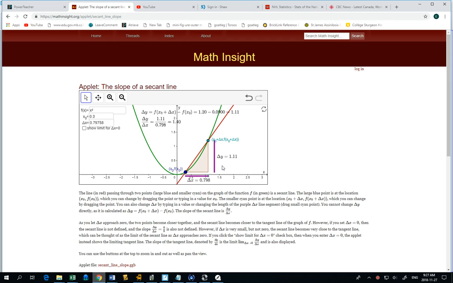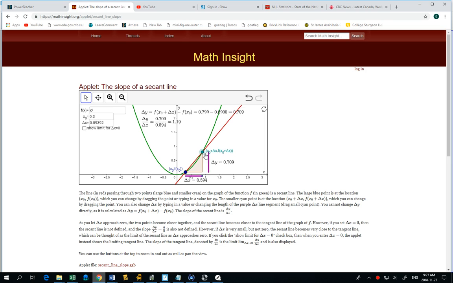So we calculate slope by doing rise over run. And right now, the rise over the run, which is shown up here, is the slope of my secant line. As I get closer and closer, right now you can see the slope is 1.4.